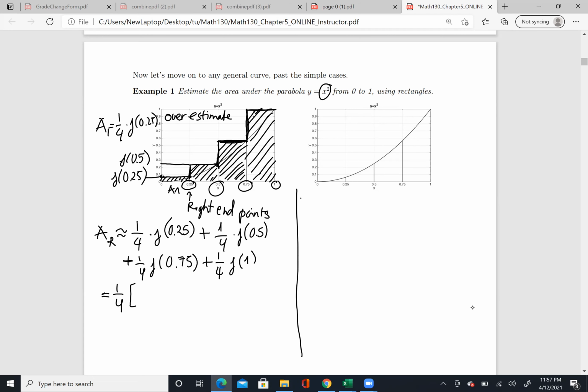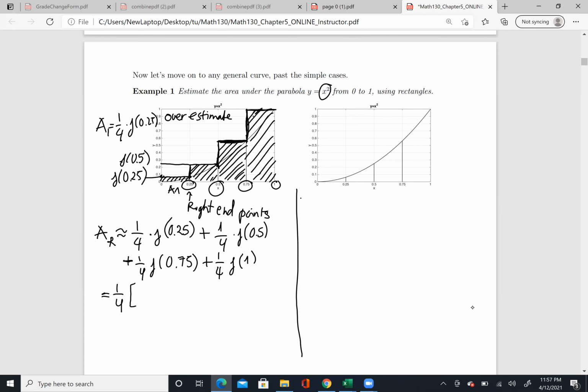So you can see in here, the left-endpoint answer will be under the real area, and the right-endpoint answer is going to be over the real area, from the area of the rectangles, right? One uses the right endpoint, one uses the left endpoint to make the rectangles. So you see how different they are.